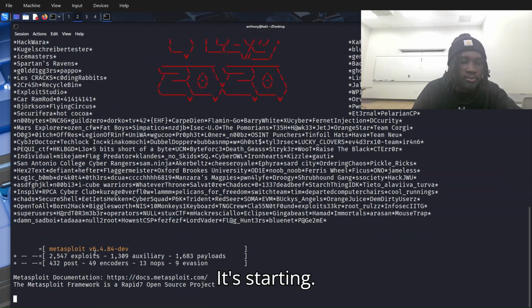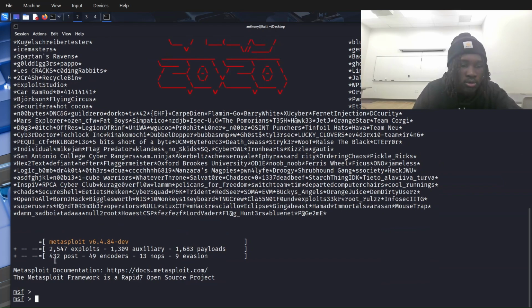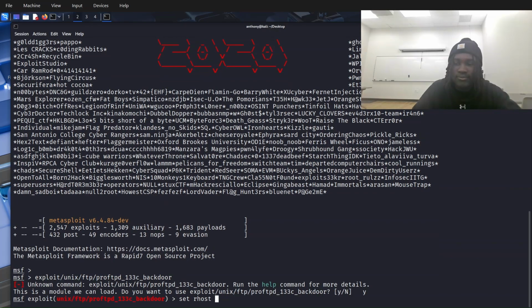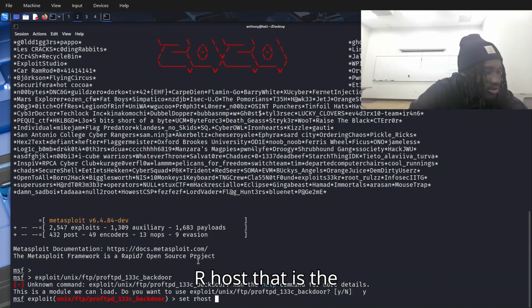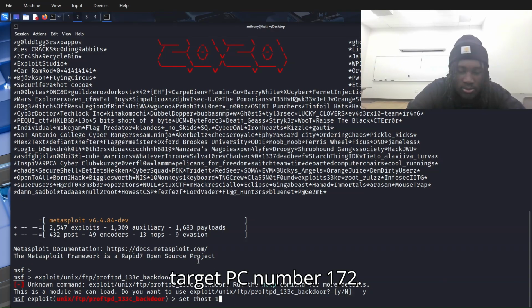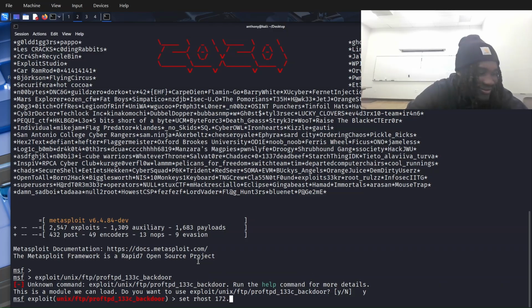It's starting. Now I set the RHOST, that is the target PC address, 172.20.10.9.